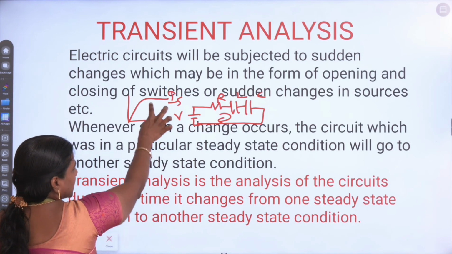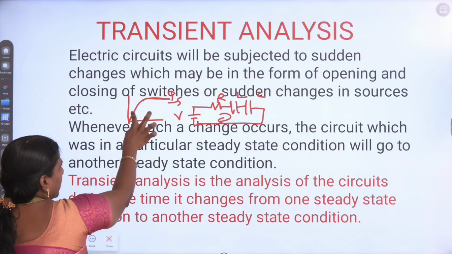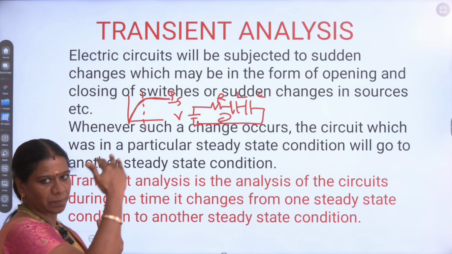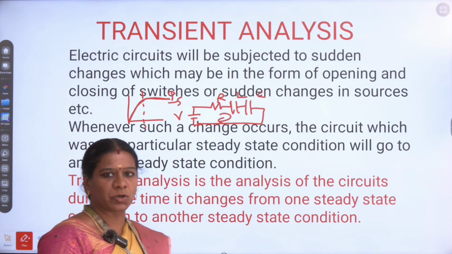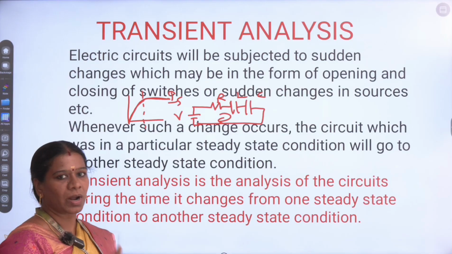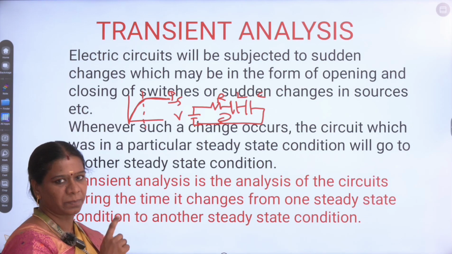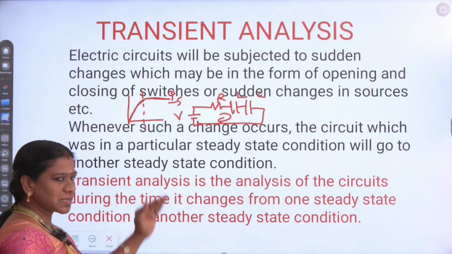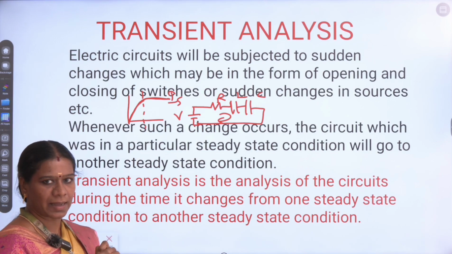Before reaching the steady state current value, from 0 until the steady state value, we have a certain period of time. That time period is the transient time period, and the voltage or current we obtain during this period is nothing but the transient voltage or transient current. This is the basic concept behind transient analysis.